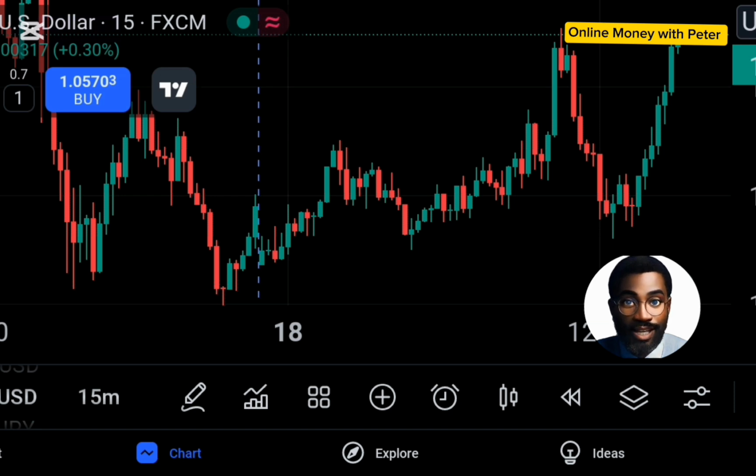So today, as I said, we're going to be looking at the pin bar. Trading the pin bar is very key, especially if you know how to trade it. We are going to analyze it, and I believe that at the end of this video, you are going to see the pin bar as a very important candlestick pattern when it comes to trading. Thank you very much for stopping by once again, and let's continue.